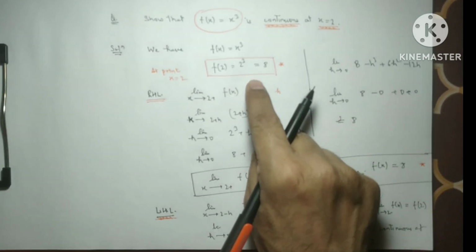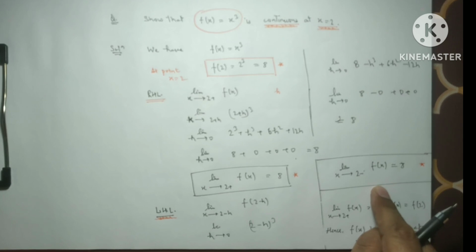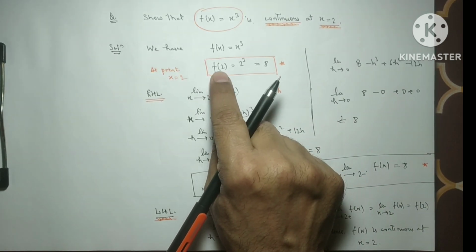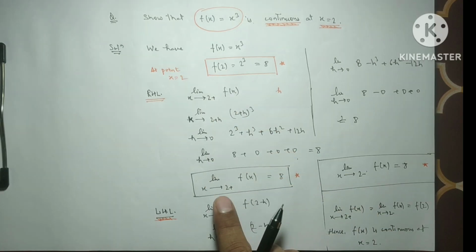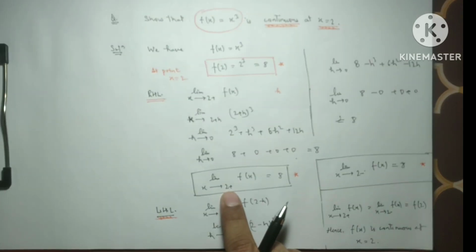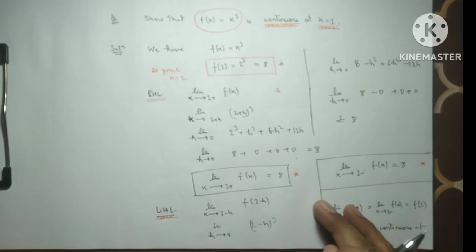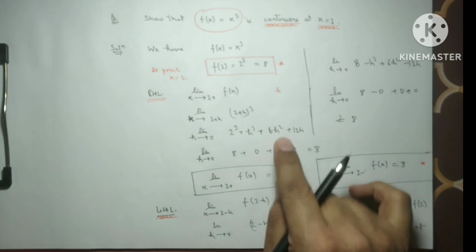So all these three values are equal to 8: the value of the function at the point 2, the value of the function at 2 plus on the right hand side, and the value of the function at 2 minus, slightly lesser, on the left hand side, it is also 8.